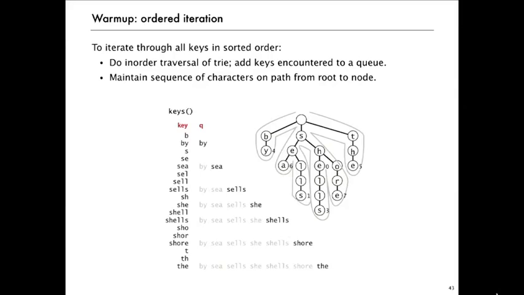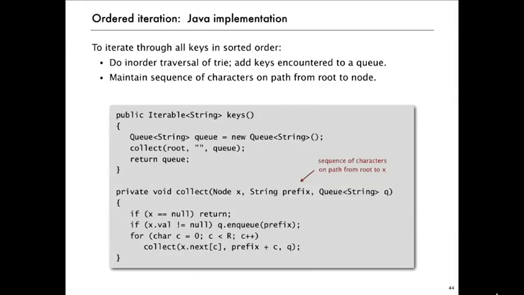That's ordered iteration. And the implementations of these extra operations are just based on modifying ordered iteration. So this is an implementation of keys, which is essentially the operation that I was tracing on the last slide.